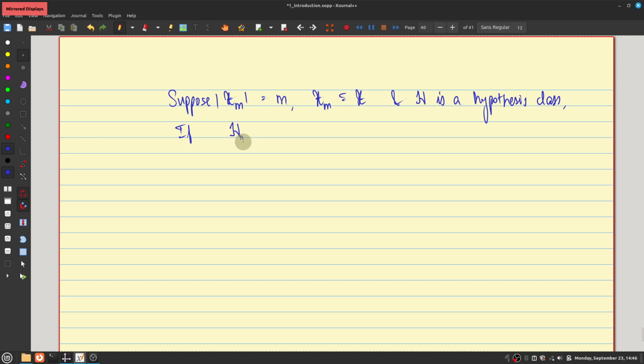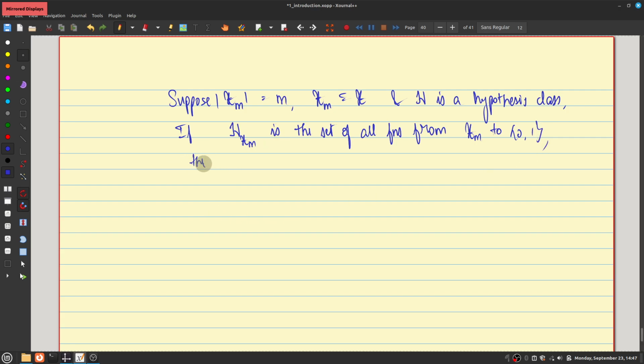If the restriction of the hypothesis class to this particular set xm is the set of all functions from xm to 0, 1, then we say that this particular set xm shatters the hypothesis class H. I'm sorry. We say that H shatters xm.